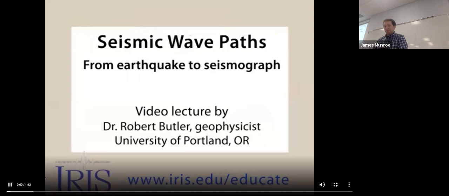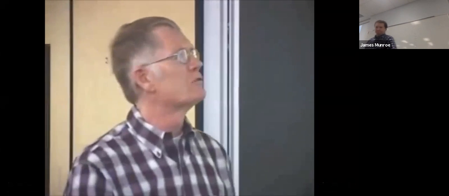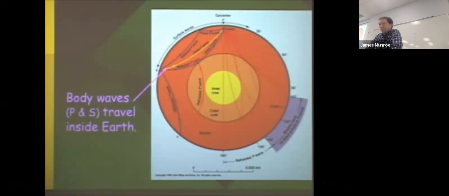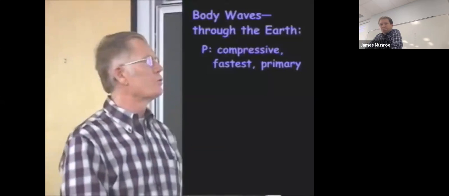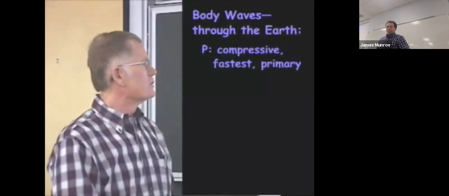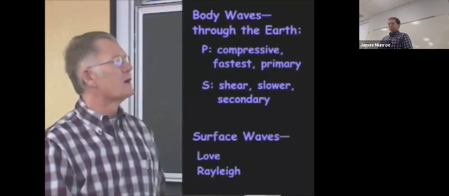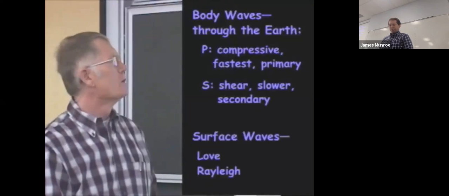S waves. Let's talk about different kinds of seismic waves and their paths that they travel from an earthquake to a distant seismic station. One kind of waves, the body waves, travel through the interior of the Earth. These are of two varieties. There's P waves, or sometimes referred to as pressure waves. They're the fastest. There's S waves, or shear waves, which are slower than the P waves, but they're faster than the surface waves, which go around the perimeter of the Earth.